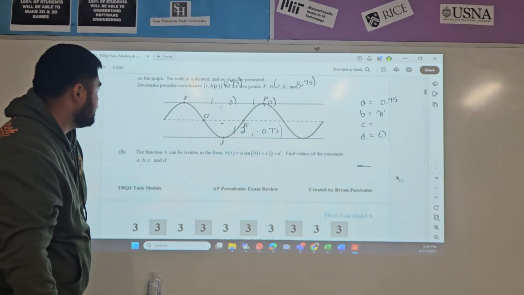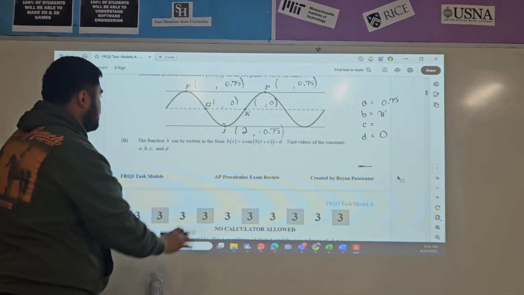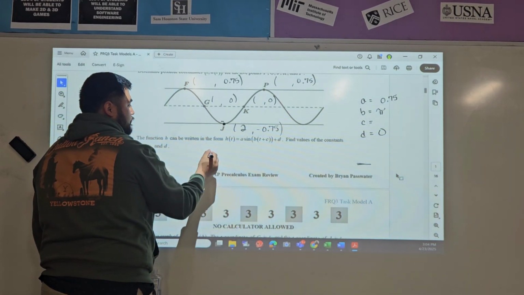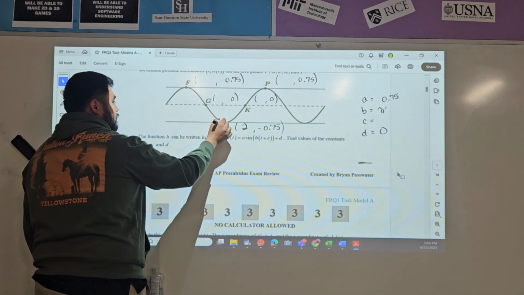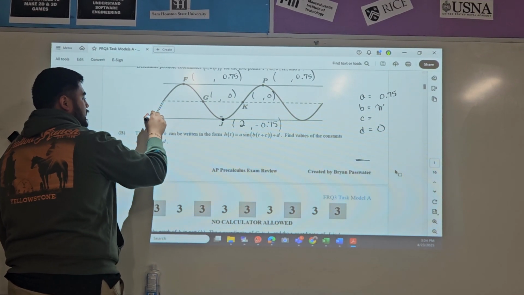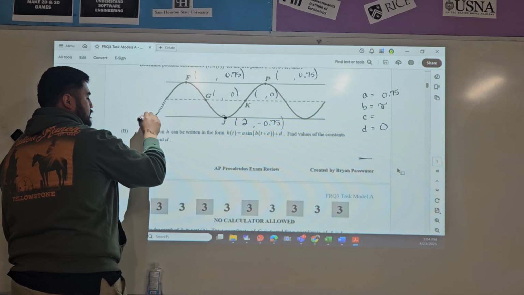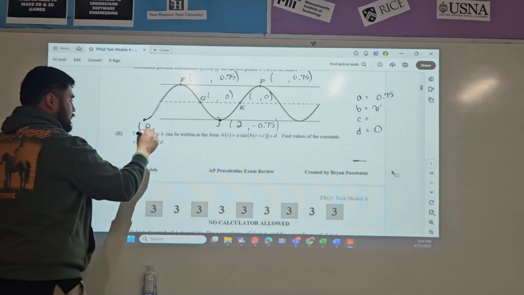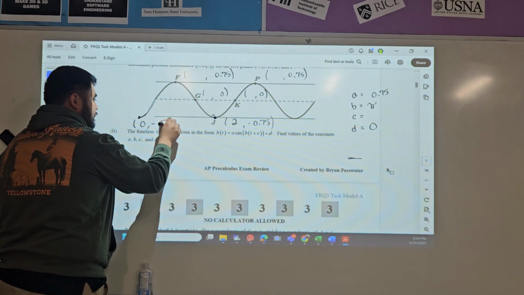Let me rearrange this. This is not gonna be 0 here because in order to have a cycle, if I start in the bottom, I have to end in the bottom. So if I take this graph and follow it, you're gonna notice that I'm gonna have to add some more to the graph, meaning that my 0 is actually gonna be starting there. And then again, my y is negative 0.75.